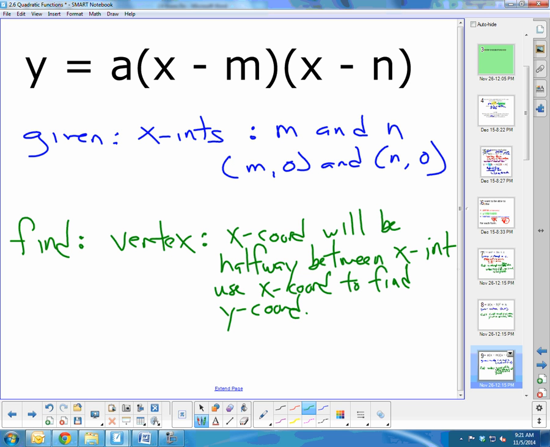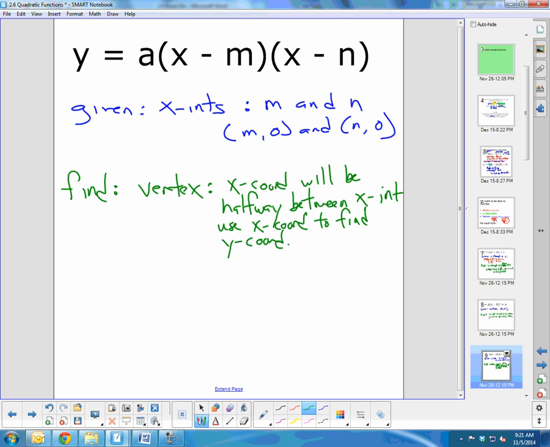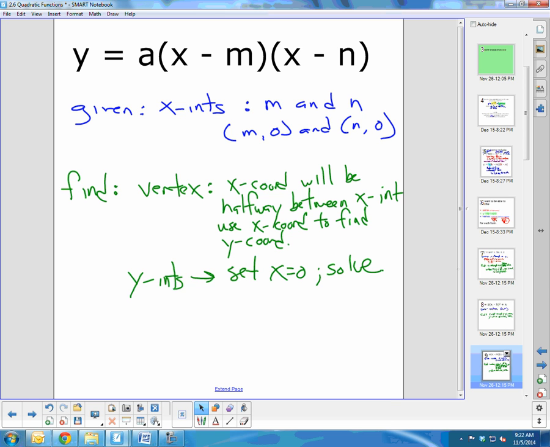So those are our x-intercepts, our vertex. We're also going to need our y-intercepts. And general technique here, nothing fancy, nothing new. We are going to set x equal to 0 and solve through.